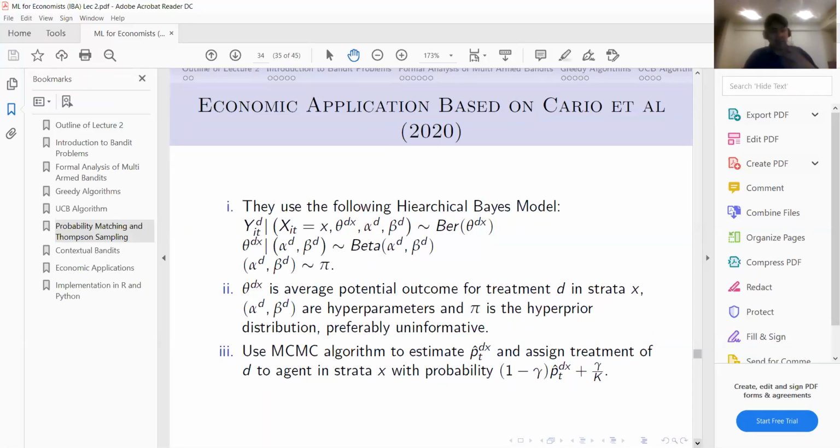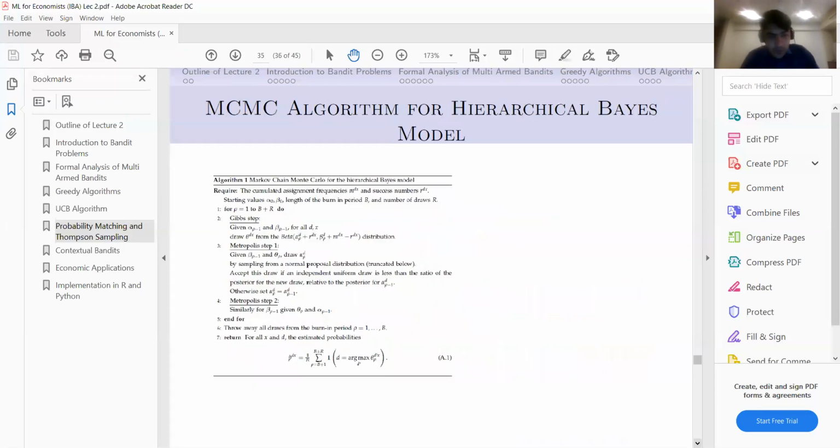It's just that in this case, the Bayesian updating has a very complicated analytical form, because you have all these distributions. And pi is called the hyperprior. Previously, we had no hyperprior, we just had hyperparameters. But in this case, these priors themselves are random objects, and they're being drawn from this posterior distribution over time. So I have the algorithm here, but you can read their paper.